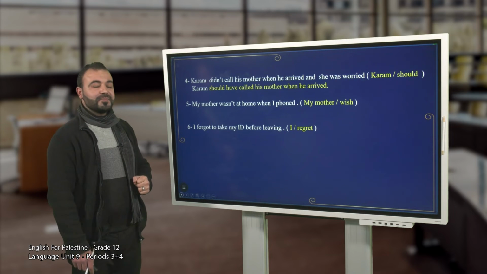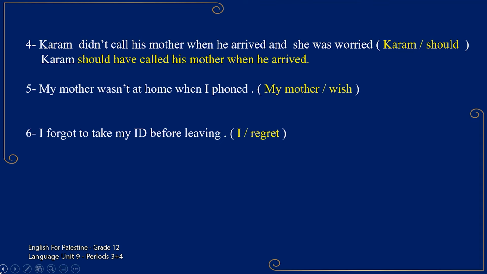Sentence number 5. My mother wasn't at home when I phoned. My mother wish. We need to use the subject my mother with the verb wish. And the correct answer is, let's see. My mother wishes she had been at home when I phoned.